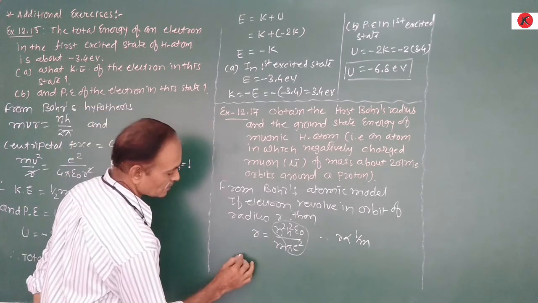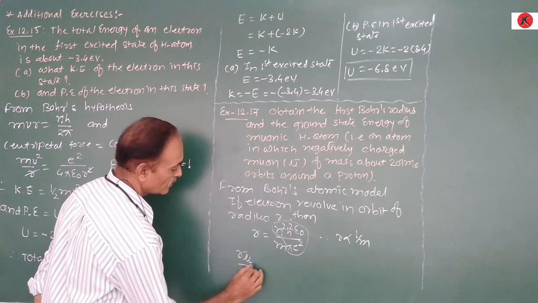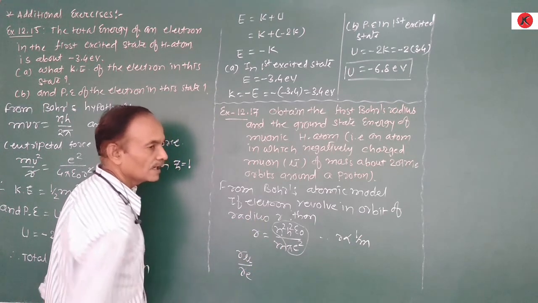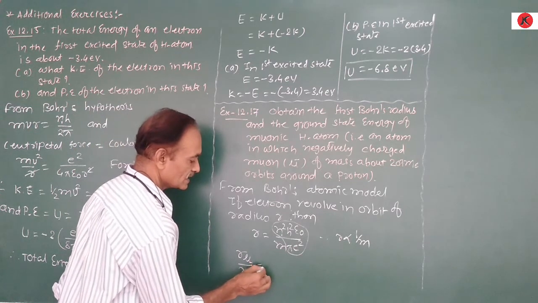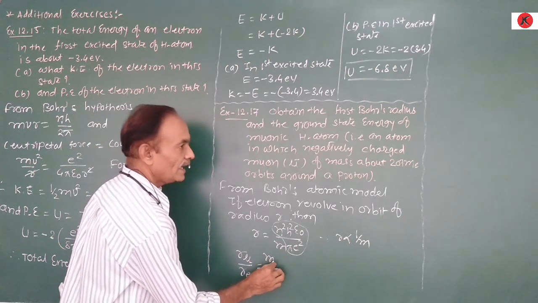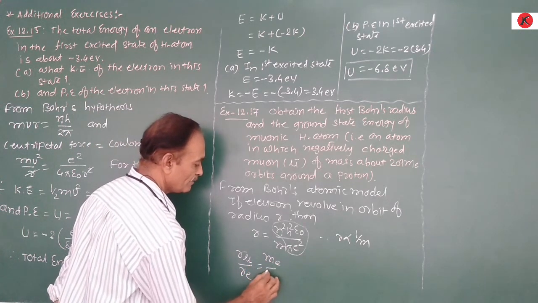Therefore, the ratio of the radius of the muonic atom, R mu, to the radius of the electronic atom, Re, is equal to Me upon Mu.